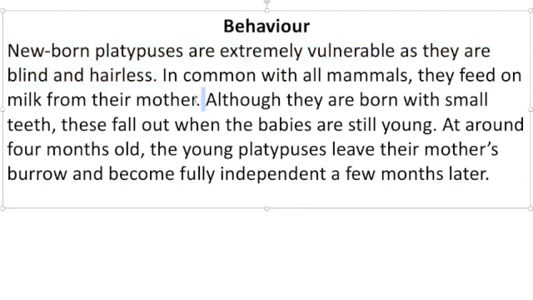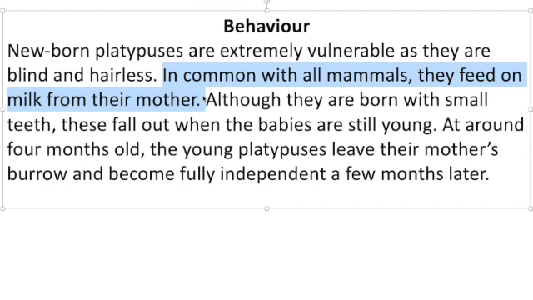Now, the next sentence. In common with all mammals, they feed on milk from their mother. If your creature is a mammal, then you can steal this example. In common with all mammals is a fronted adverbial, and it means like all mammals. It's a formal, fancy way of saying like all mammals.